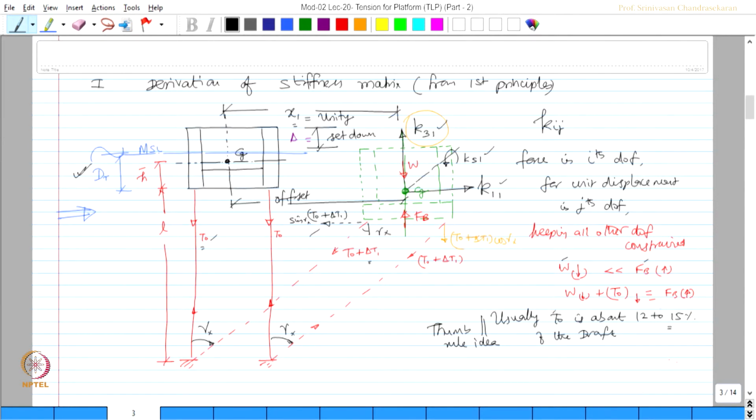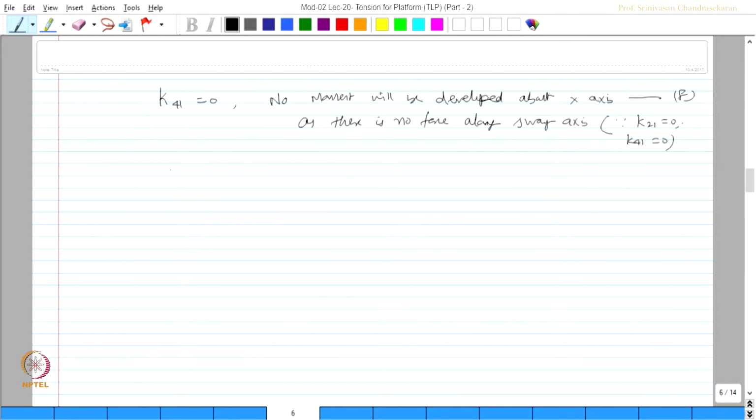Okay. Let us take the moment about the keel. So, this distance is h bar. So, I should say K51 should be actually equal to minus of K11 into h bar. So, this is equation number 9.